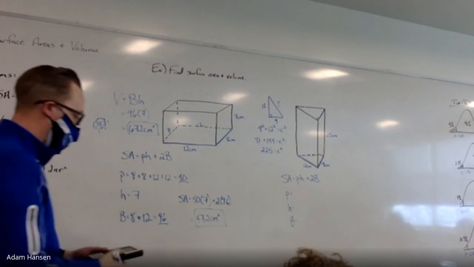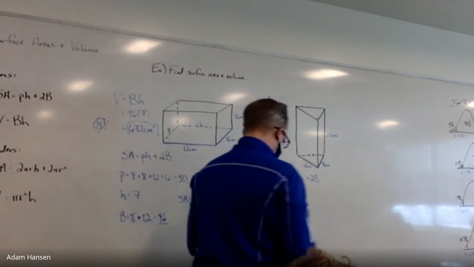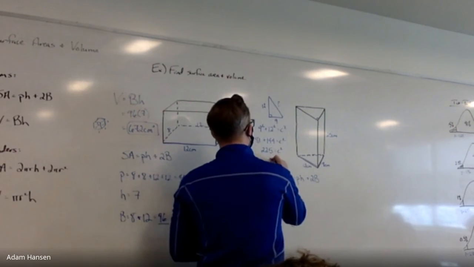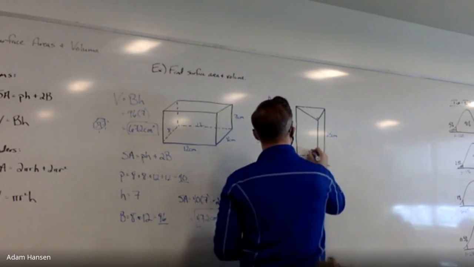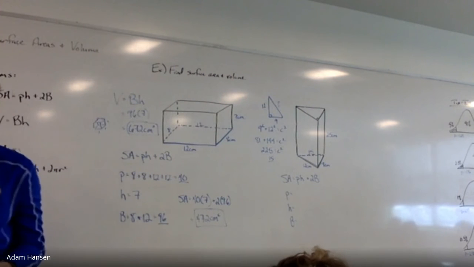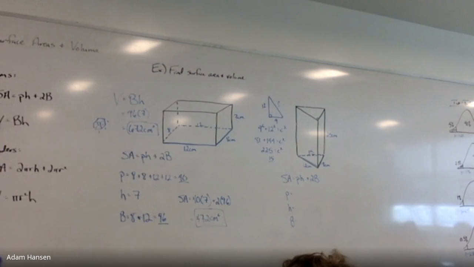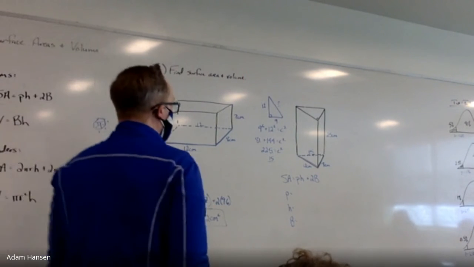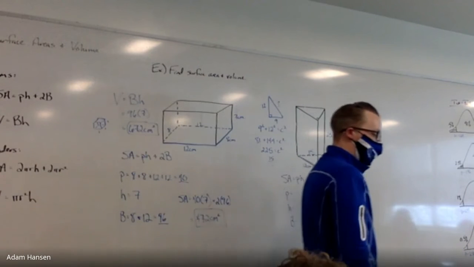Take the square root: 15. They don't necessarily have to give you everything right away. Sometimes there are missing lengths within these prisms that you can find using special right triangles or Pythagorean theorem, whatever you have.